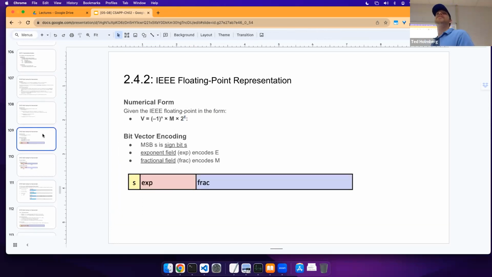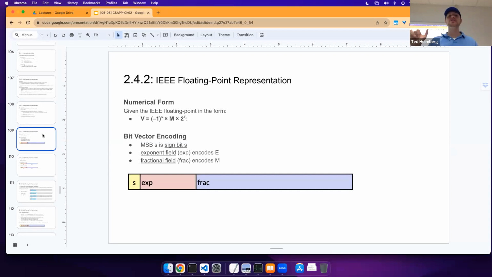Okay, so let's look at how that actually gets encoded the same way we would encode our binary strings. However big our binary word is, the most significant bit is going to be that sign bit.